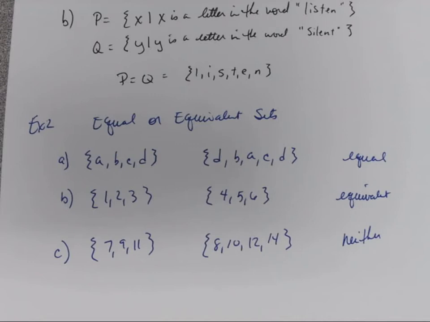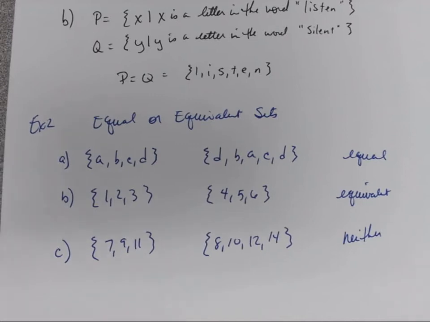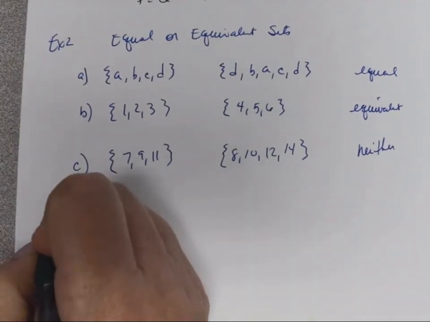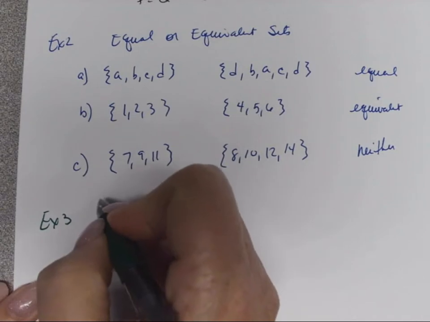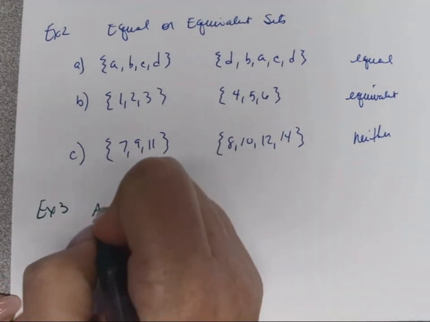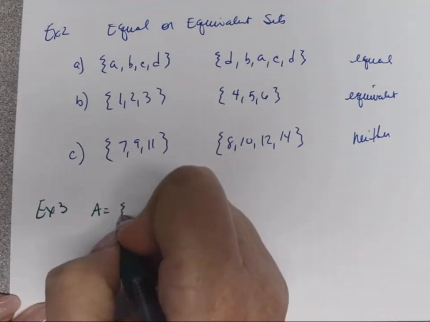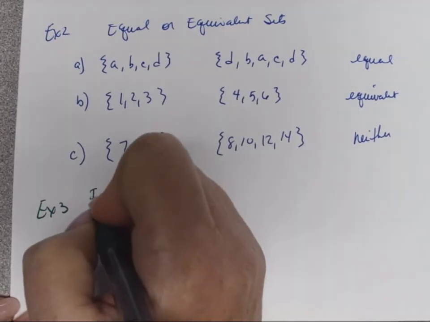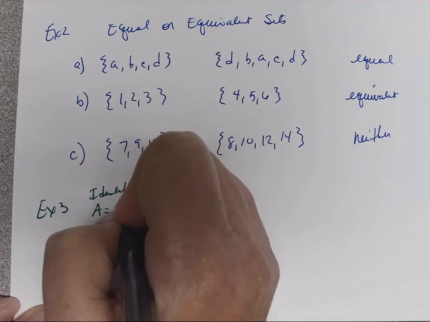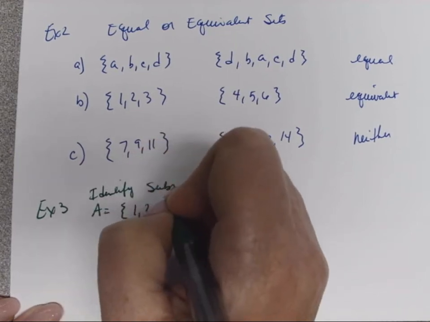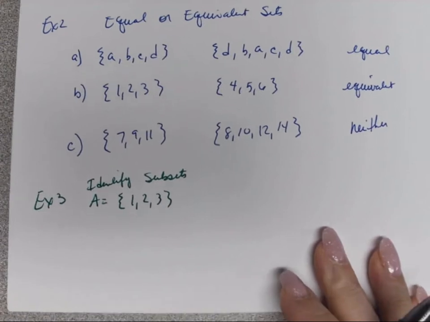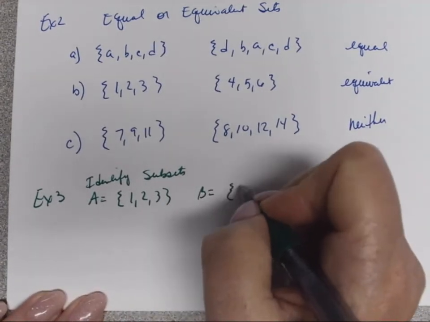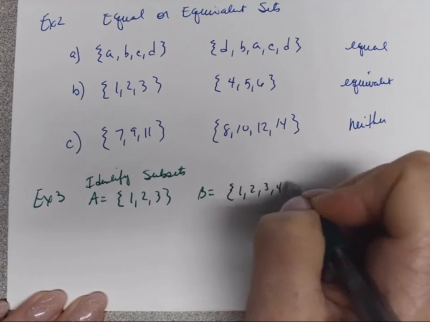All right, so example 3, let's go look at some subsets. So if we have A is equal to 1, 2, and 3, and let me make sure I clarify, we are identifying subsets. That's what we're trying to do here. And we have B is equal to 1, 2, 3, and 4.